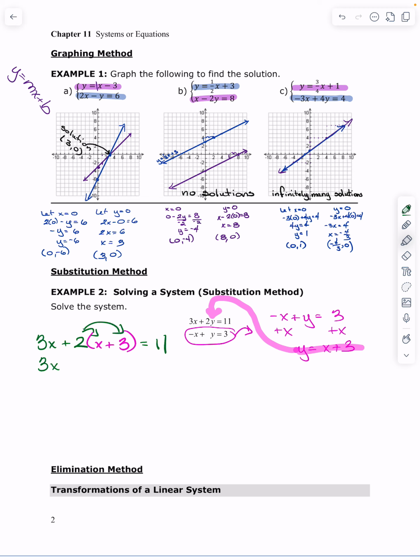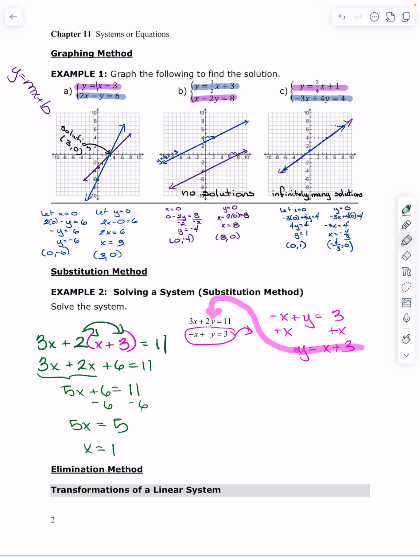I got 3x plus 2x plus 6 equals 11. Combine like terms here, I got 5x plus 6. I'm going to subtract 6 from both sides. x equals 1.